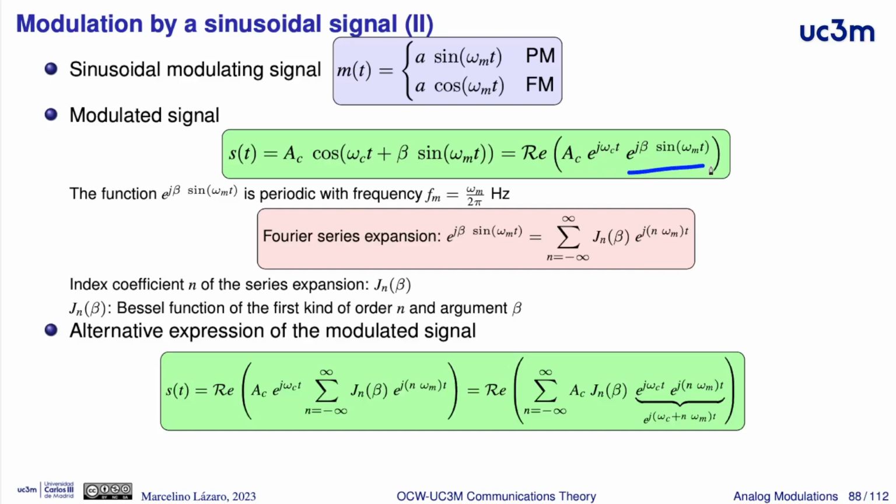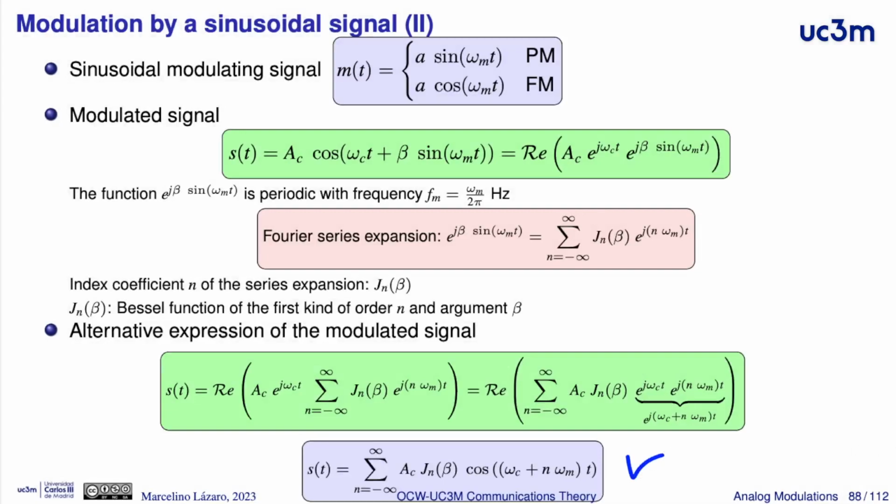By replacing this expression by the Fourier series expansion, we obtain this analytical expression, and rearranging the exponentials to write them together. Now the real part of this complex exponential is a cosine, and we get the alternative expression for the modulated signal. In this alternative expression, we have an infinite addition of cosines.